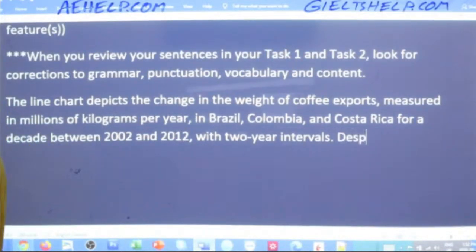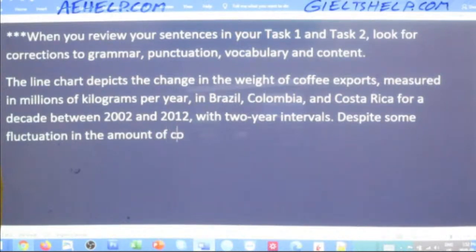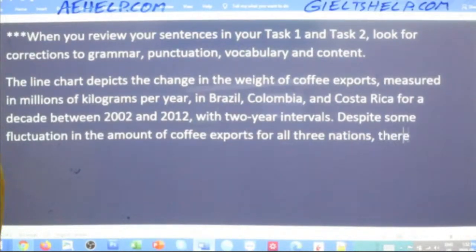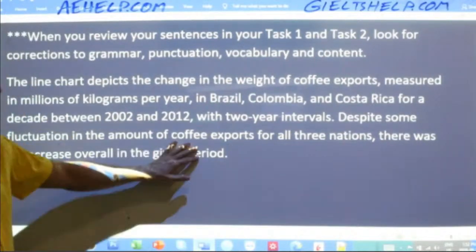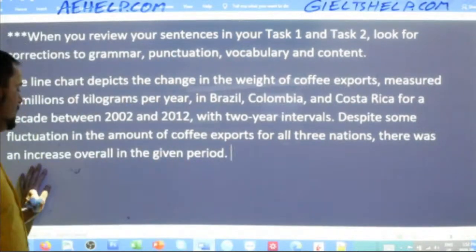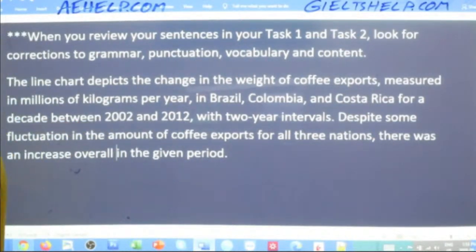Okay, so despite some fluctuation in the amount of coffee exports for all 3 nations, there was an increase overall in the given period. I'm going to make that a little bit smoother. Increase in the given period overall.